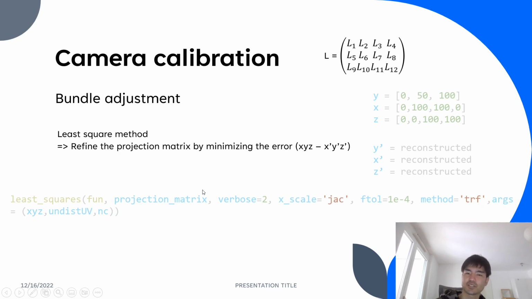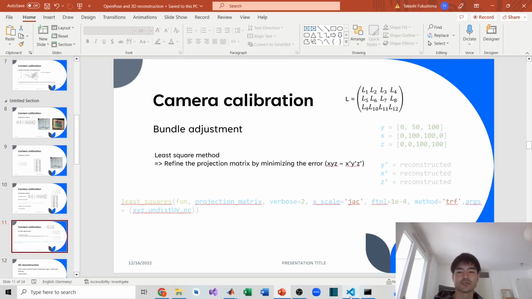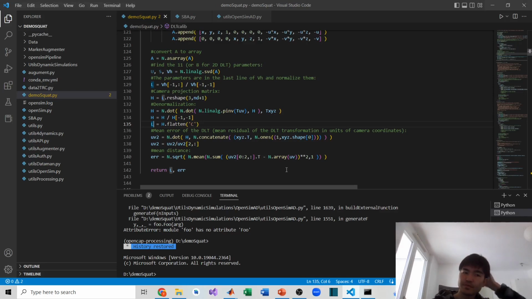The basic idea is calculating this error: the XYZ points of the calibration cage and the 3D reconstructed points of the calibration cage, and the difference is the error, and we want to minimize this error to refine the projection matrix. And I will quickly go through the Python code again.